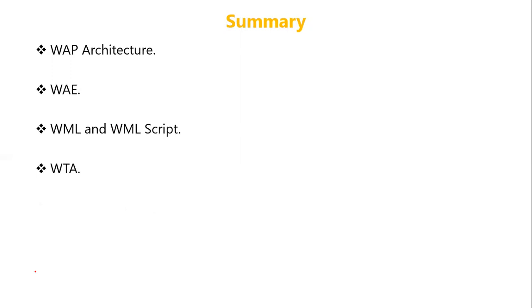We discussed some example code for WML. Then we discussed WML script. What is the role of WML script? WML script can enhance the usage of WML by providing some additional services which are not available in WML. We discussed a few examples of WML script also, then WTA, wireless telephony applications, and then the push architecture and push and pull services.